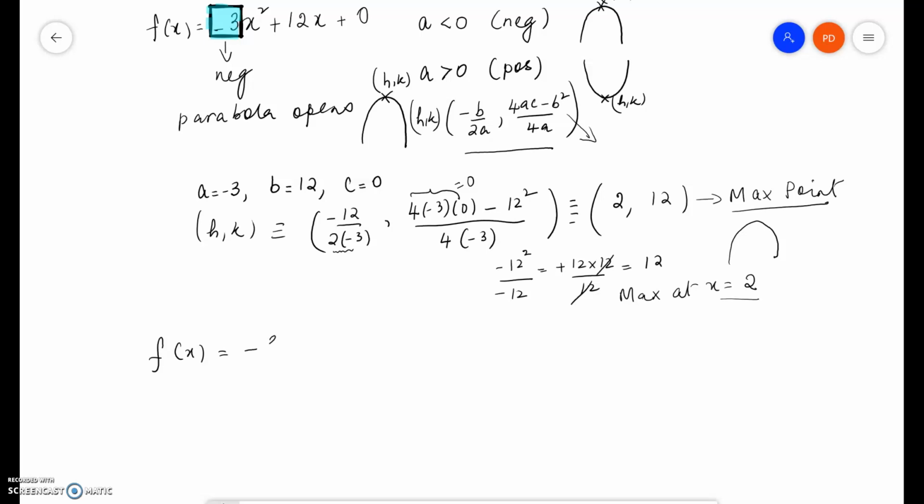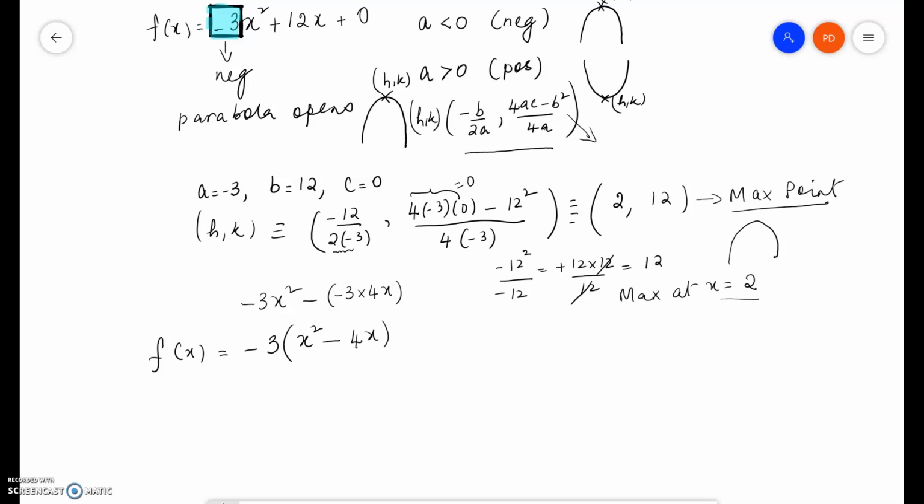So we factor out the negative 3 from the first two terms. The third term is missing, it's a 0. So that would be x squared minus, since that's a plus, basically negative 3x squared minus negative 3 times 4x. That's how I get the 4x.